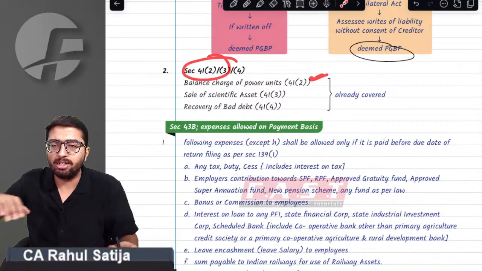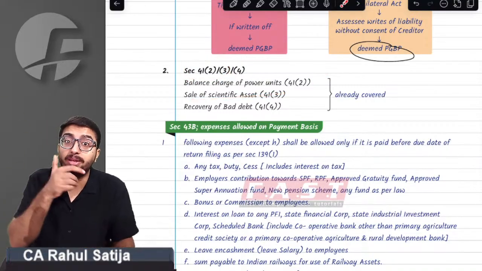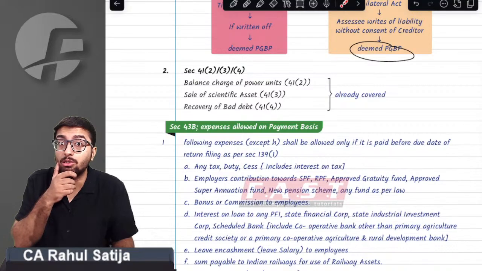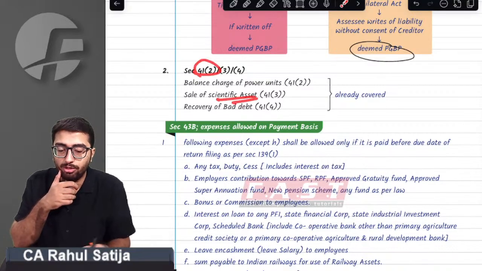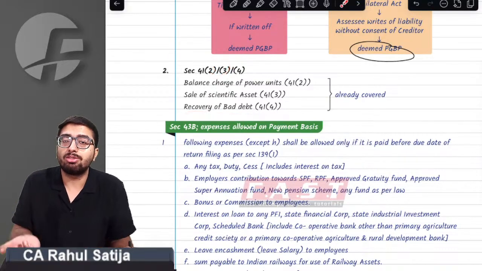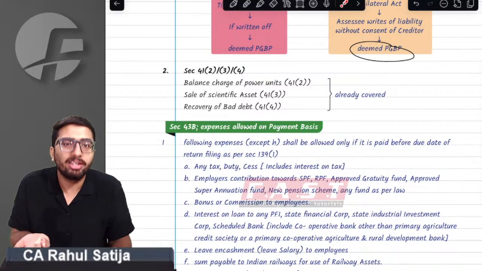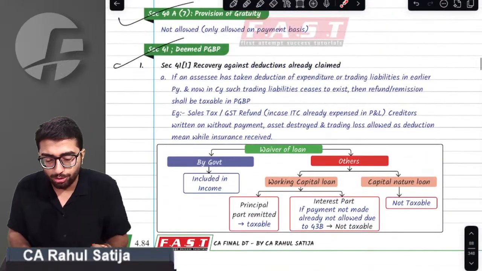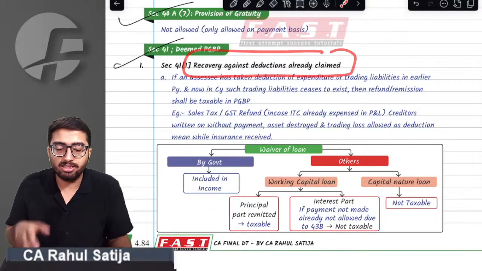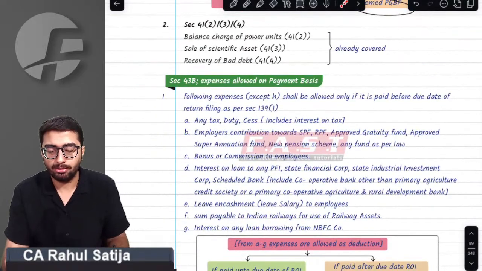So that is also deemed PGBP. If you sold any scientific assets, the sale price or deduction claimed earlier, whichever is lower, becomes PGBP. That was also section 41(3). Sir, if we had recovery of bad debt, that is also considered as deemed PGBP. All three types of deemed PGBP we had already discussed. But right now, in this fourth portion, we discussed recovery against deductions claimed earlier. So we got this point.